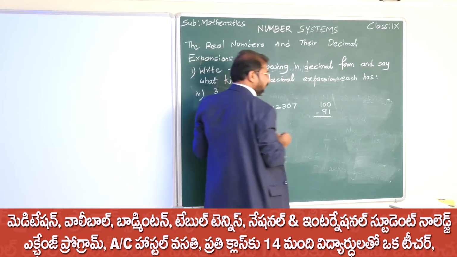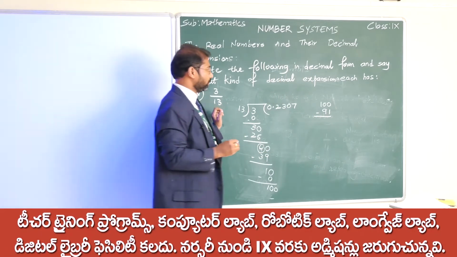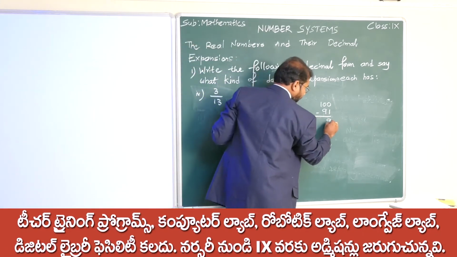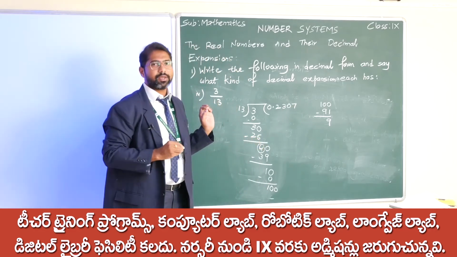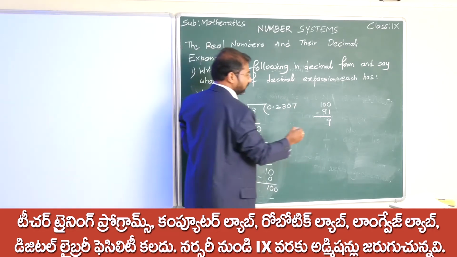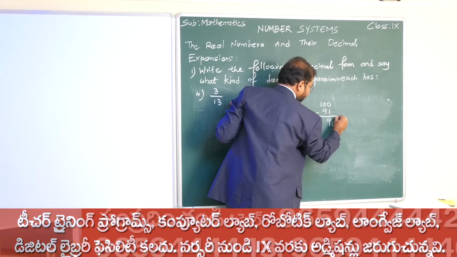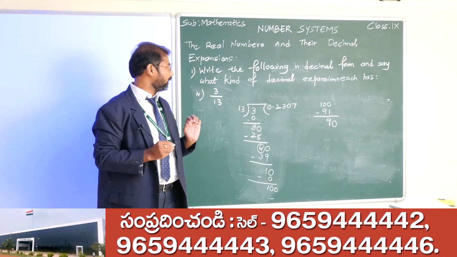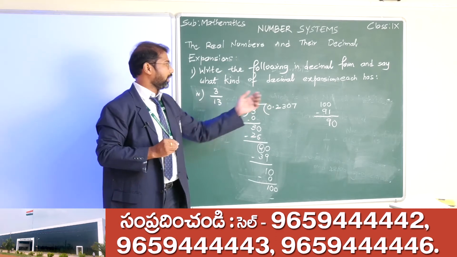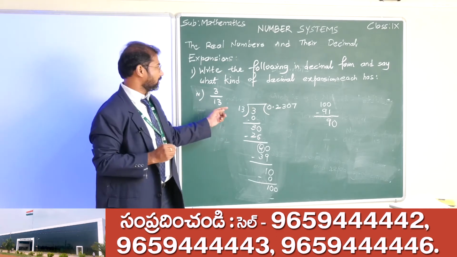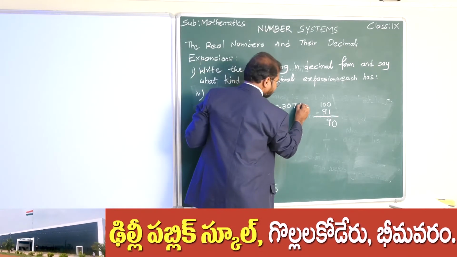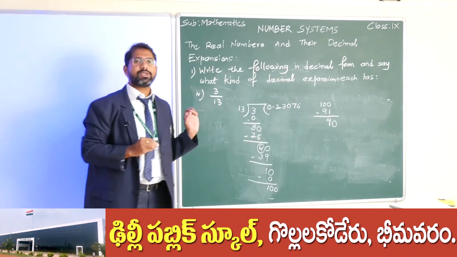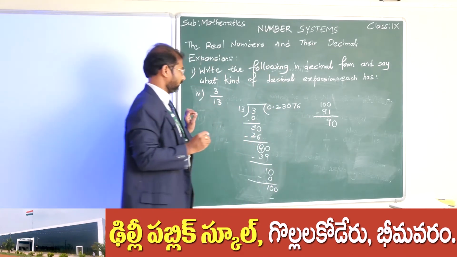When you subtract 91 from 100, you will get 9. To this 9 on the right side add 0, and the new dividend becomes 90. 90 will not go exactly in 13 table. Let's see, 13 6s are 78.